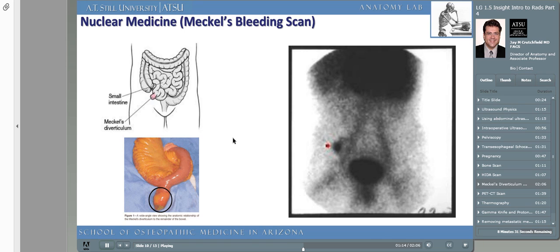For definition, a diverticulum is just a pouch, and a diverticulum can occur anywhere in the GI tract. These pouches can occur in the esophagus, the small intestine, the jejunum, the ileum, pretty much anywhere, and they can occur in the colon.